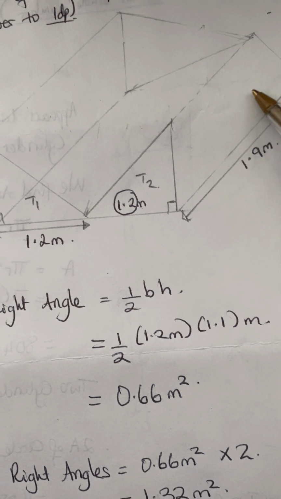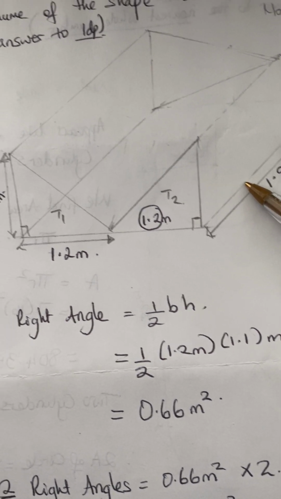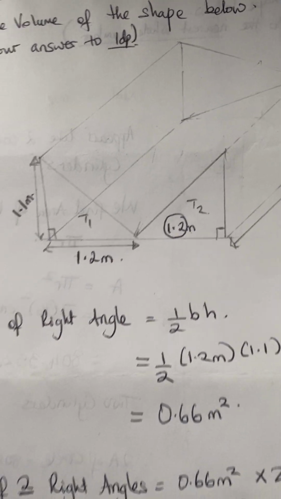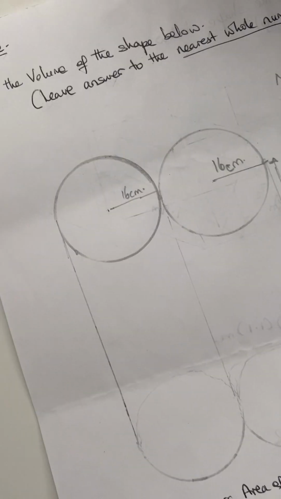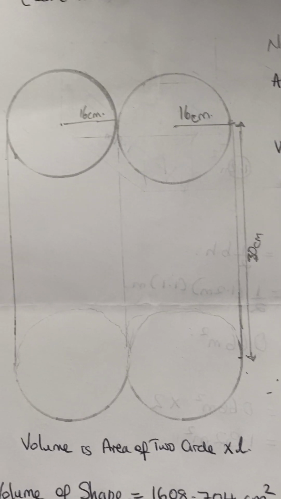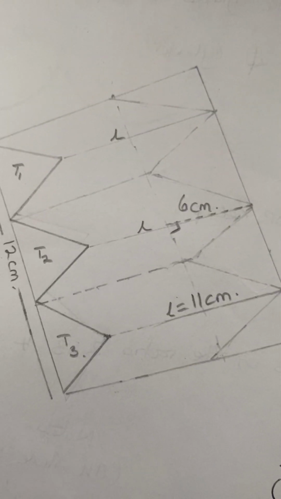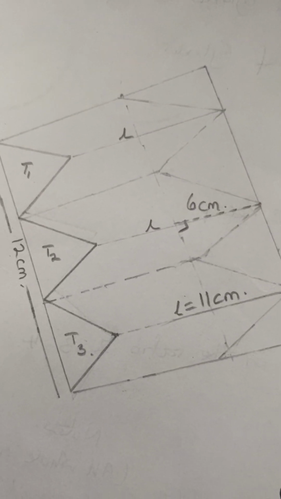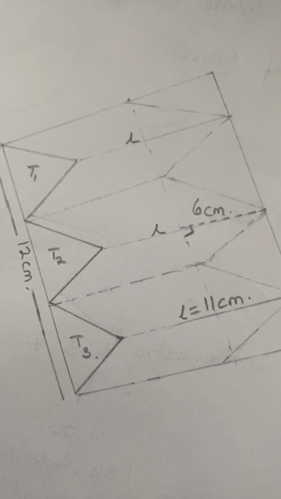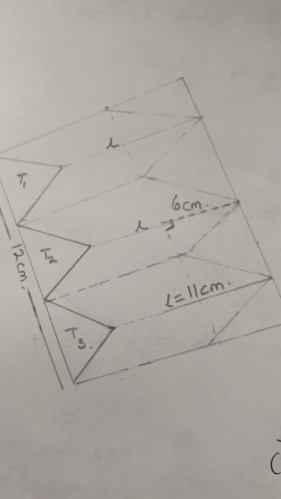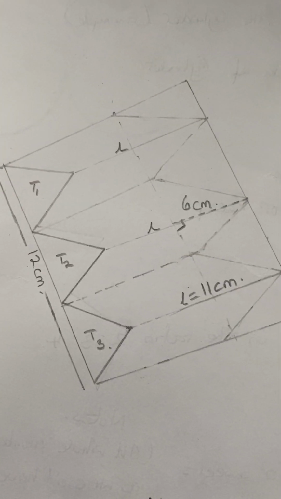They've just added a few bits to make it complex, like this picture here, like these two cylinders combined here, and like these three triangular prisms together. But actually you know everything to solve the question.